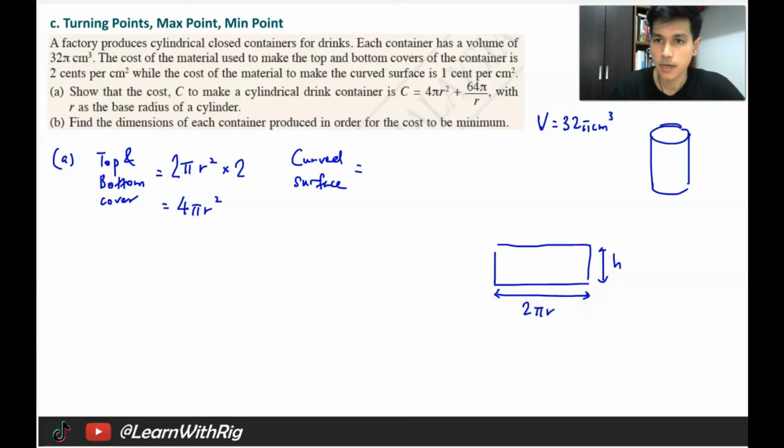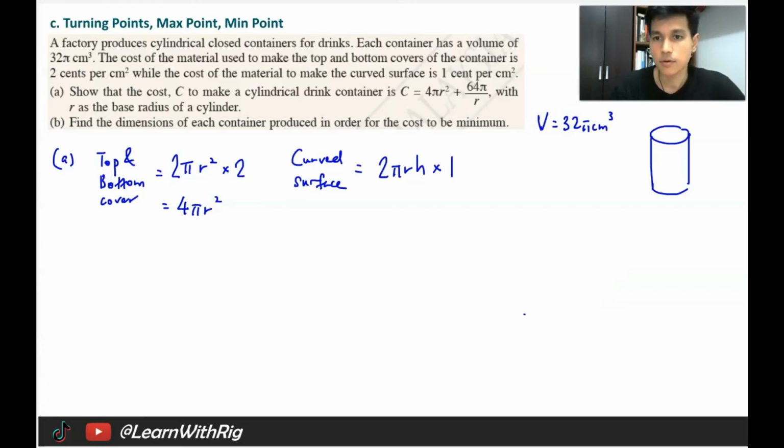Why? Because it's enclosing the circle out here, so it's going to be 2 pi r. So the curved surface is going to be 2 pi r times h times 1 cent per square cm. Now the question is, what is the height?